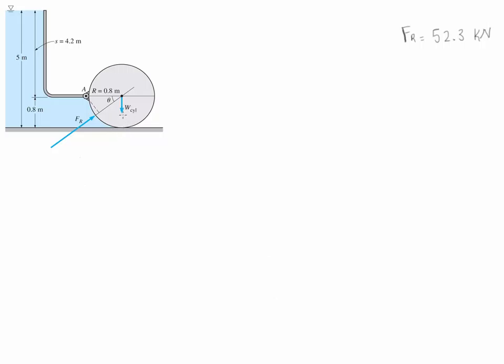The two forces that are acting on the cylinder are simply the weight of the cylinder and the reaction force. To find the weight of the cylinder, we're going to evaluate the moments that these two forces have about point A. So we're going to do the summation of moments about A. The weight of the cylinder has an arm of R from point A, and this is going to be negative since it's clockwise.